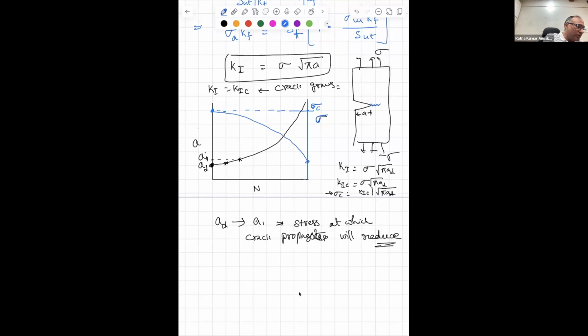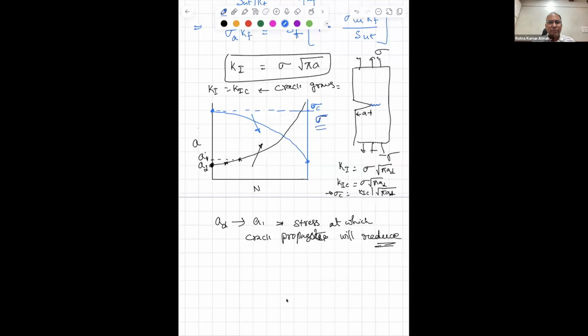So as the crack is increasing its length, what is happening to sigma C? Sigma C is decreasing. This is what we call the residual strength of the material. As your crack length increases, the amount of stress required to grow the crack is going to reduce.